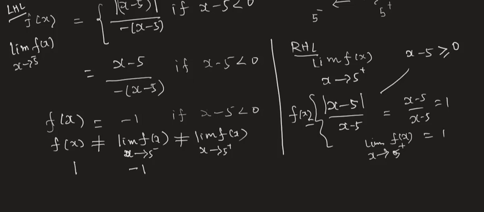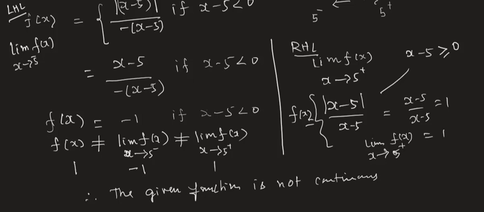So they are not equal. Therefore, the given function is not continuous. It's not continuous at x equal to 5. Is it okay?